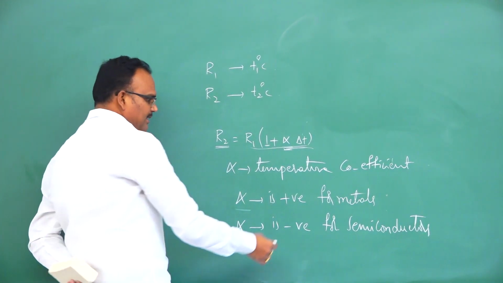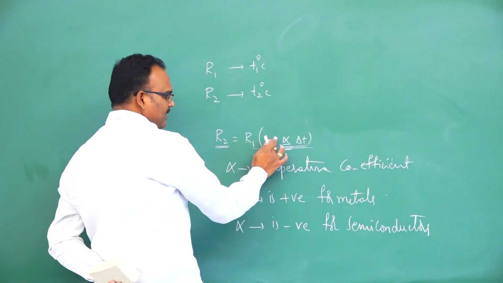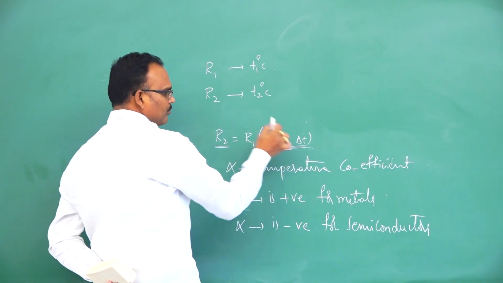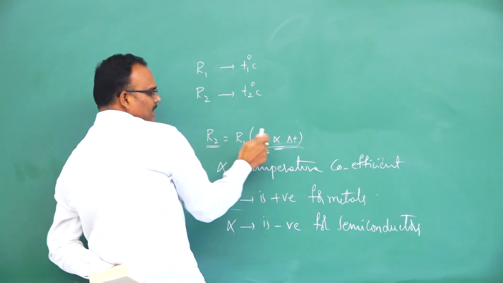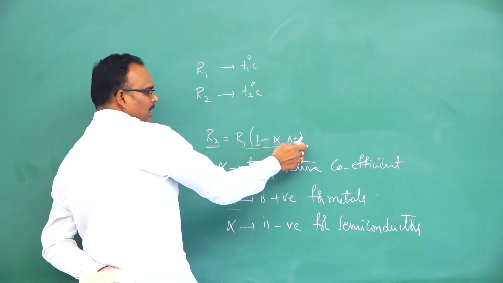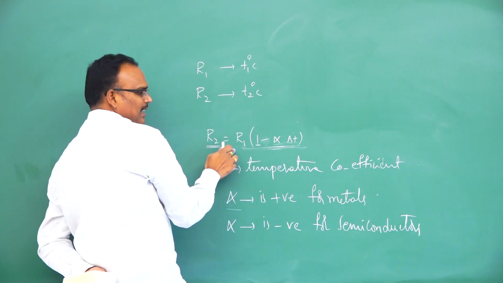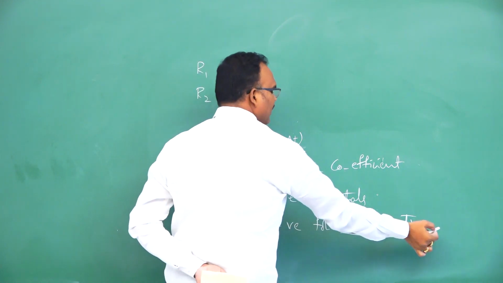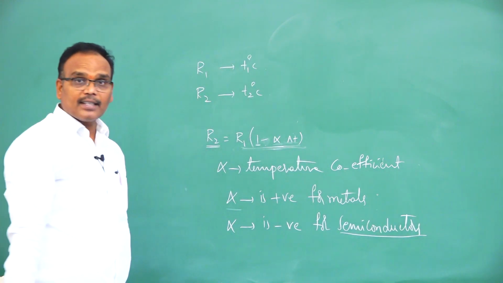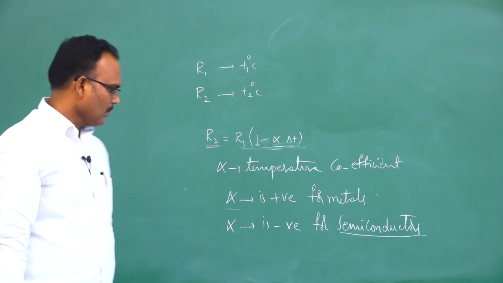That means this term becomes negative. If temperature increases, this value increases, and this we are subtracting from 1. That means the whole value decreases, that means R2 decreases. So in case of semiconductors, if temperature increases, resistance decreases.